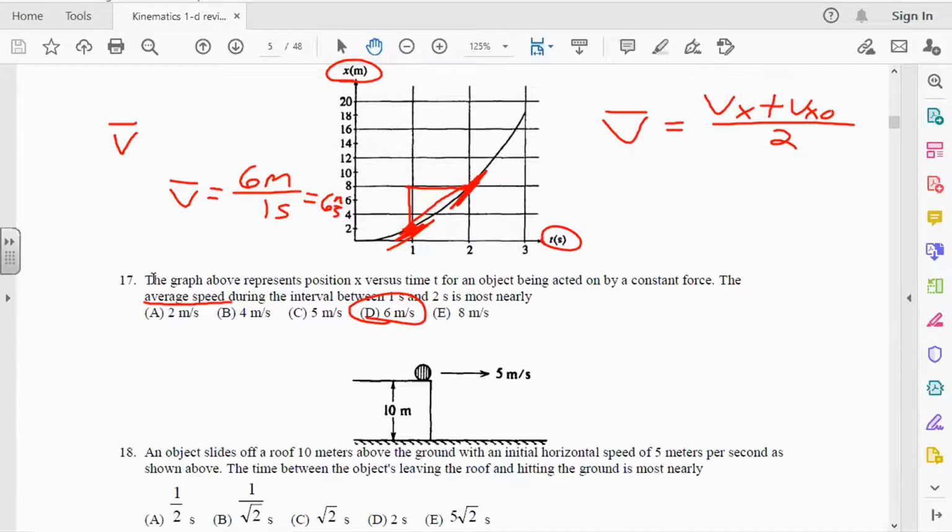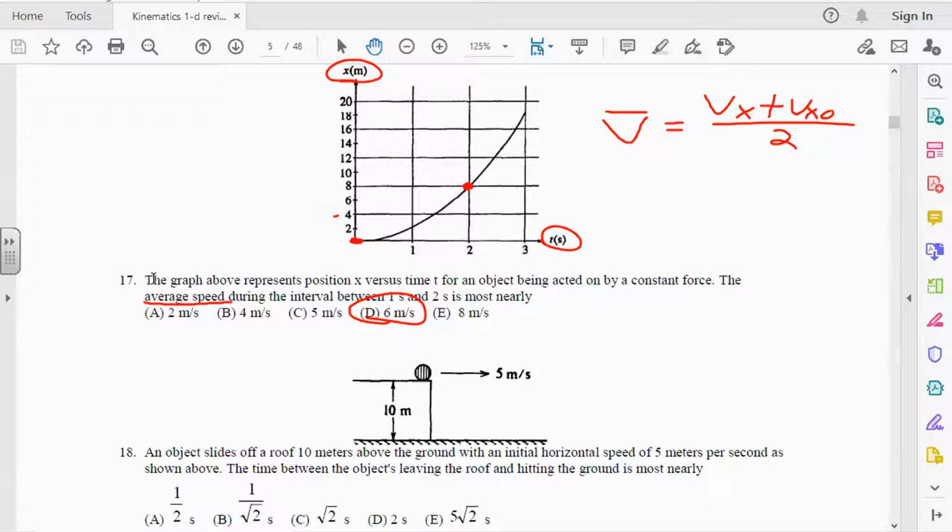So let's say, for argument's sake, that we are looking at this position time graph, and let's say we wanted to find the average velocity between 0 and 2 seconds. Now again, we could just draw this line right here to represent the average velocity.